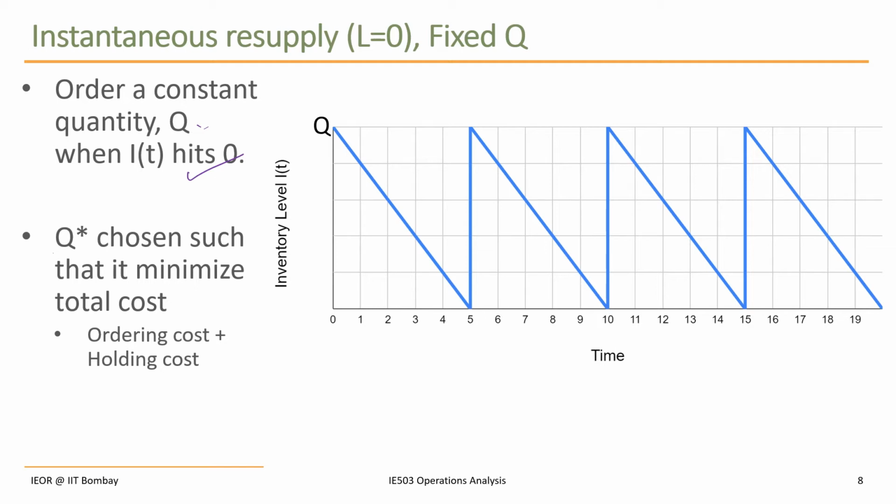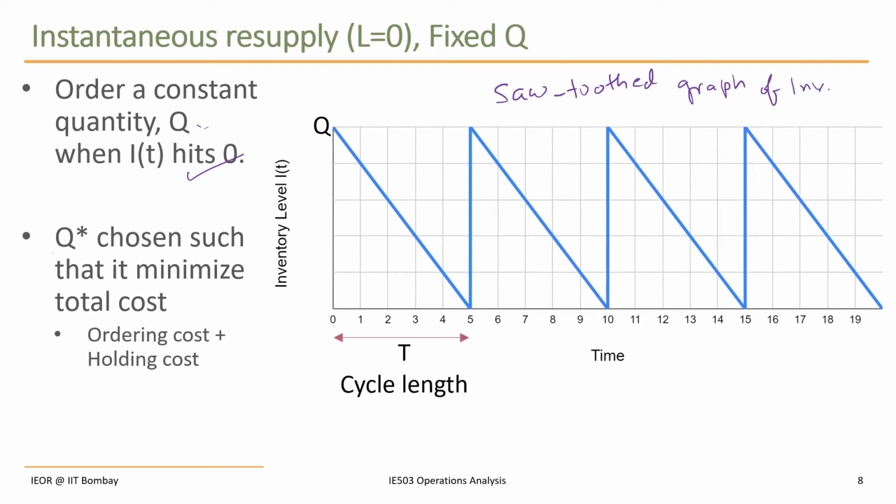Then we can get this classical sawtooth graph of inventory. This is a classical way in which inventory graphs are represented.